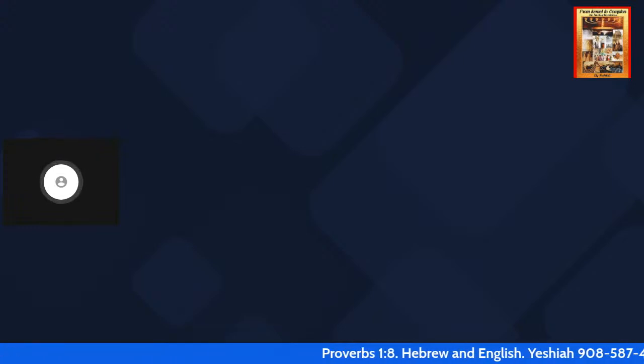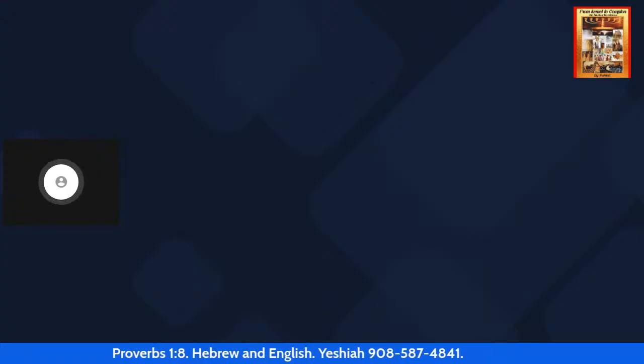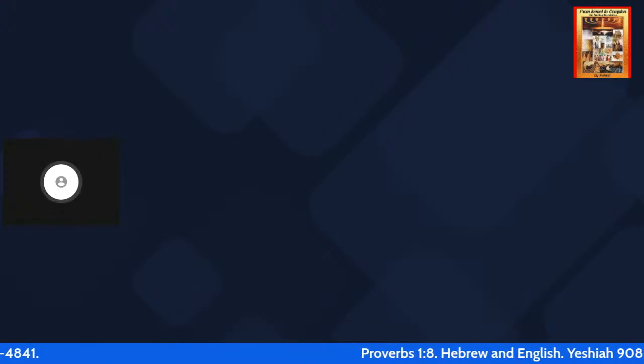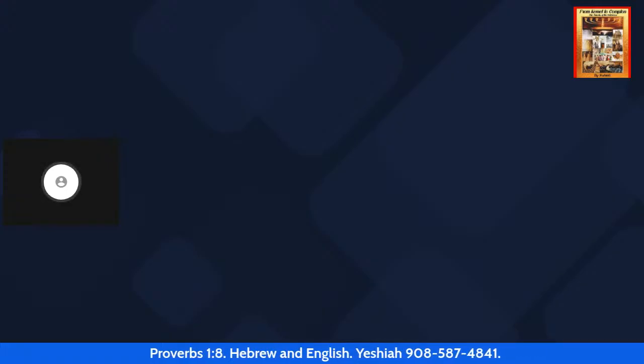When you want to learn Hebrew, you want to use those vocabulary words first. Let me give you an example. If you are a painter, you may want to learn the word for red, black, silver, gold, gray, green, etc. Those are words you may want to learn first because it's going to apply to you and what you're talking about.